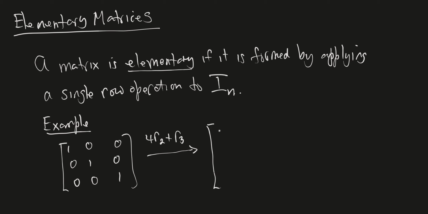So we know row 1 will stay the same. Row 2 will stay the same. And then row 3 will become 0, 4, 1, right? And this matrix is elementary.